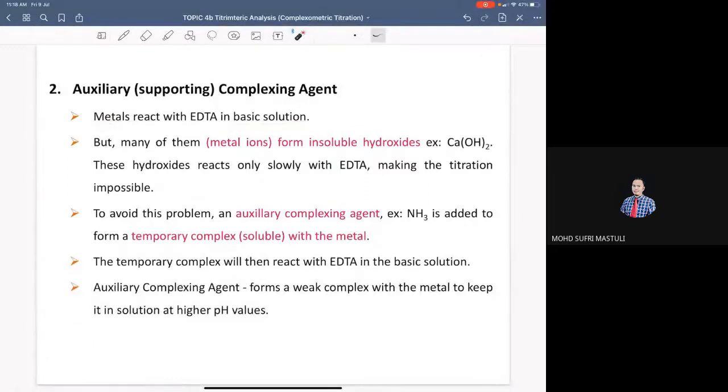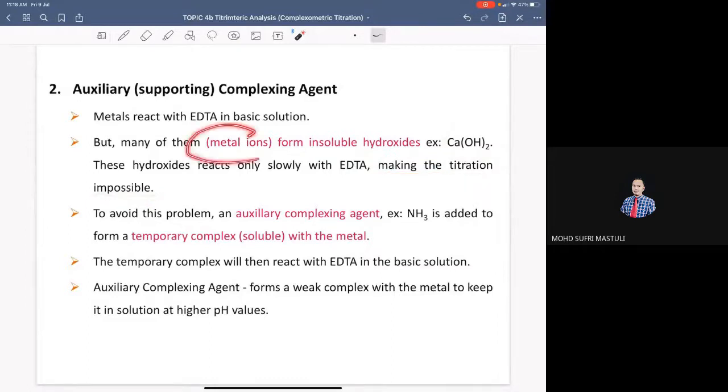But many of the metal ions normally form hydroxides, for example calcium hydroxide. This hydroxide reacts only slowly with EDTA, making titration impossible.